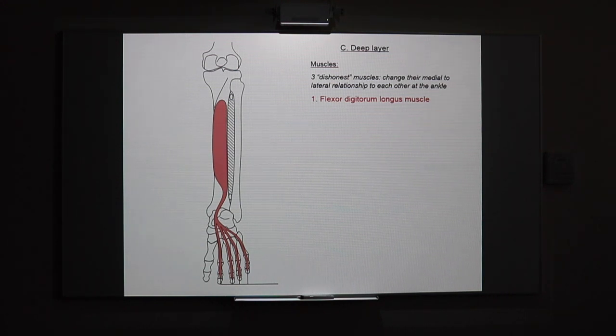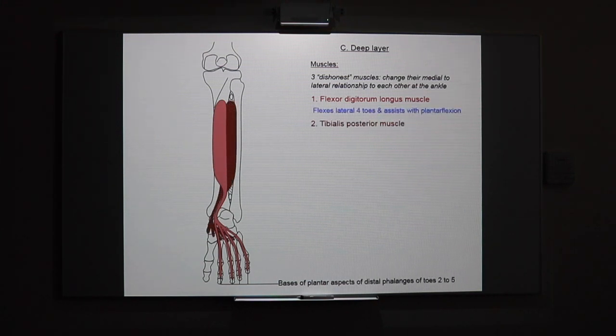Now, the next muscle is the tibialis posterior. Tibialis posterior lies lateral to the flexor digitorum longus. It is arising from the lateral half of the posterior surface of the shaft of the tibia and also from the interosseous membrane.